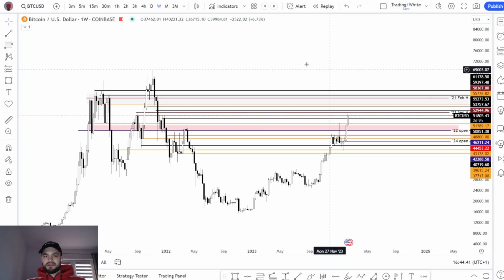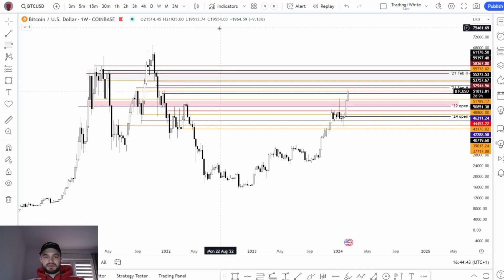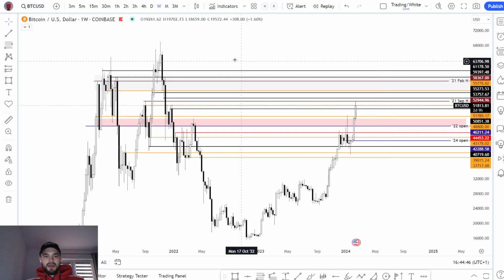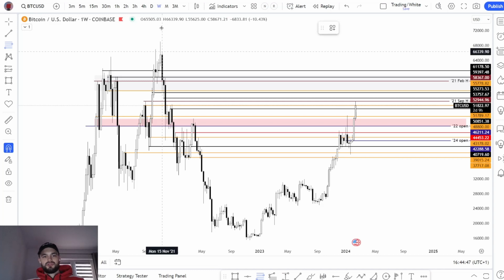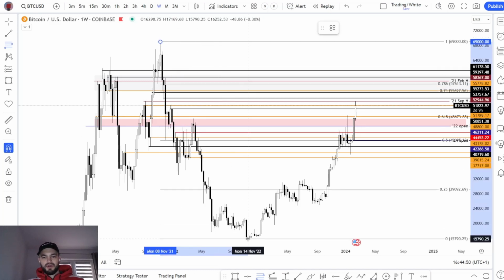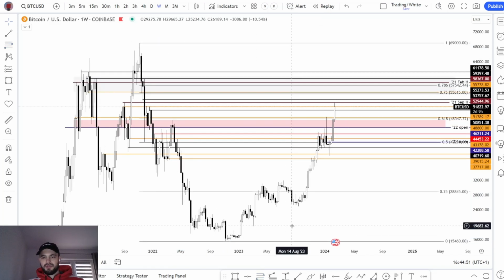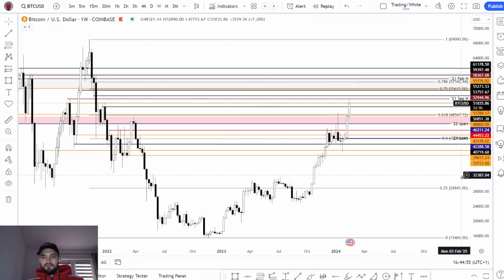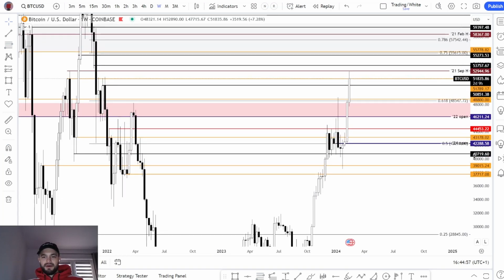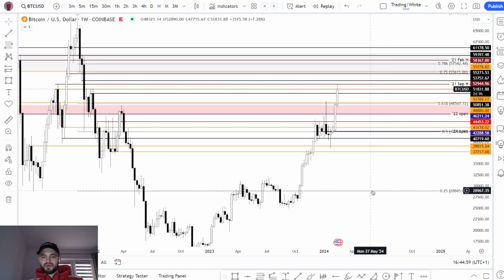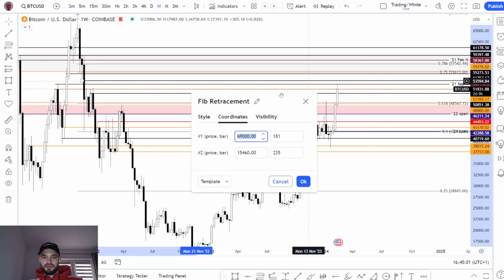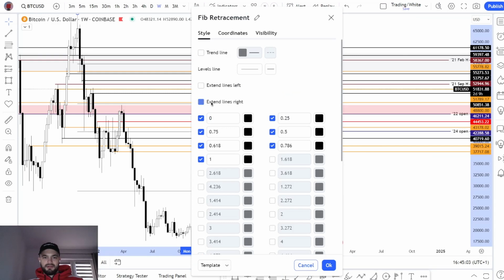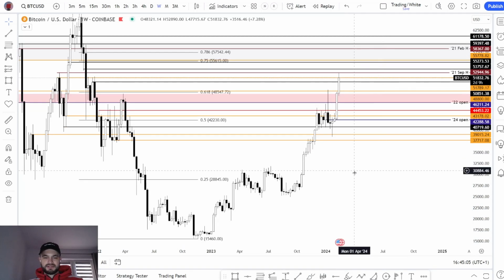What I also like doing is having macro things pulled up on this chart. So a macro fib is extremely useful, and you guys know I tweeted a bunch about it. So this whole thing makes it a bit more cluttered, but I guess we could do this to make it more clean, and don't extend the lines.